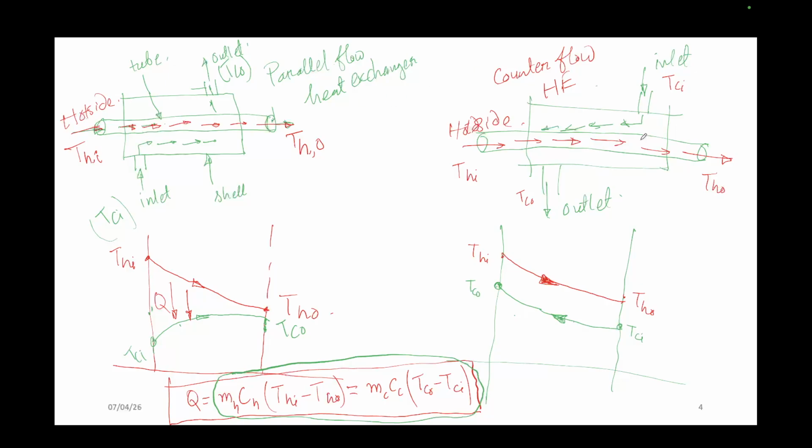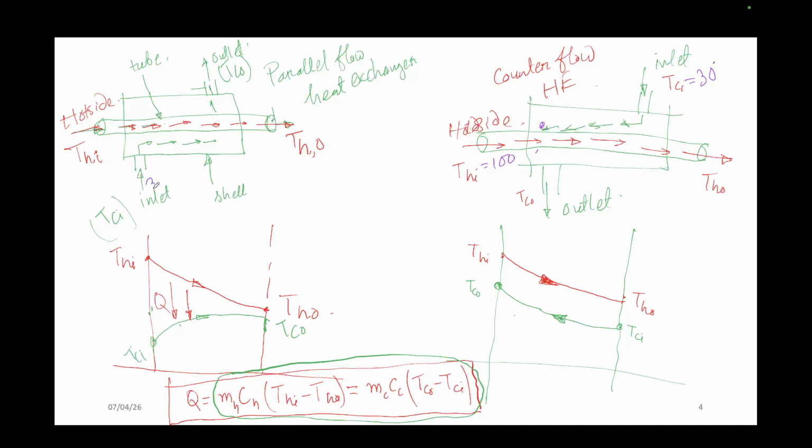But here I will give you an example. Say this is 100 degree, same condition, and this is 30 degree. At the initial point, what will be the temperature of this fluid? It will be more than in these cases.